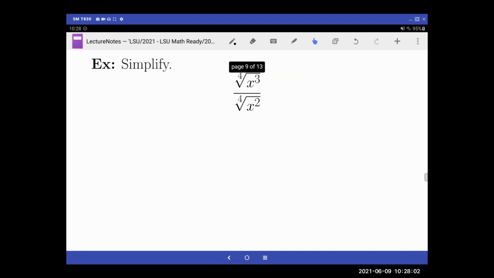Okay, let's use what we know to simplify this expression here. We did say that if you have a fraction with a radical on the top and on the bottom, what you could do is write it as one radical. The reason I wanted to do that is because I thought it looked like something I could simplify. So x to the third power over x squared.